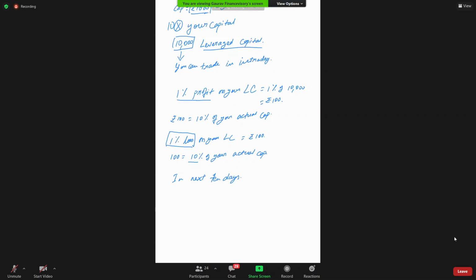Instead of 10x leverage, you can use 5x leverage also. If you are not totally sure about your trade, don't use the full amount of leverage. Yes, you will get lesser profits, but your risk will also be less.